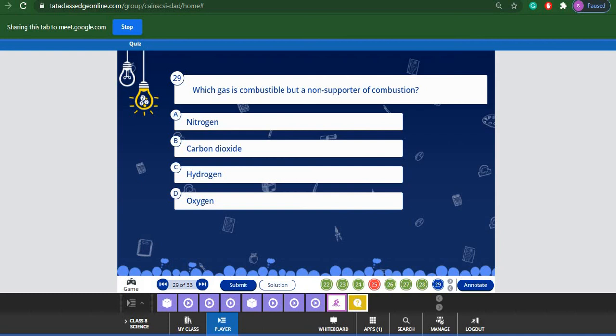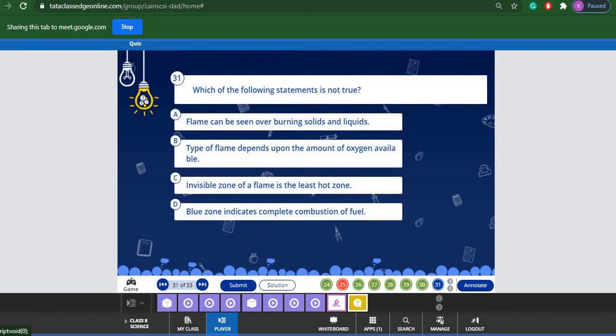A. Yes? Sir, A. No? Can anyone say? Non-supporter, not supporter. If it were a supporter, then you would have to say oxygen. But basically non-supporter.